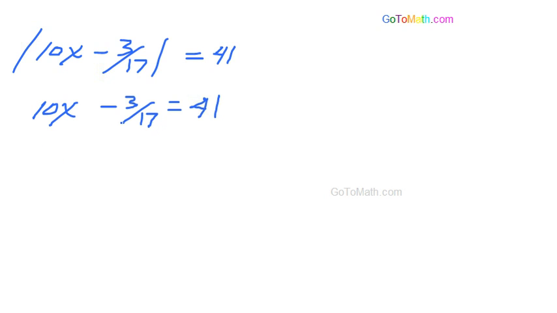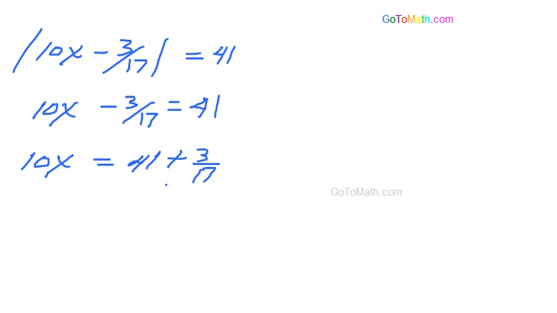And then go ahead now and take this 3 over 17 over to the right hand side. So we have 10x is equal to 41 plus 3 over 17. And now we'll want to get all that into one single fraction there.